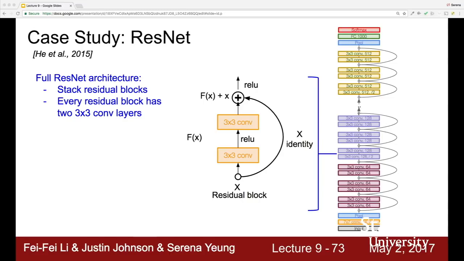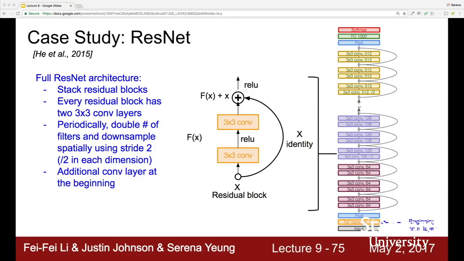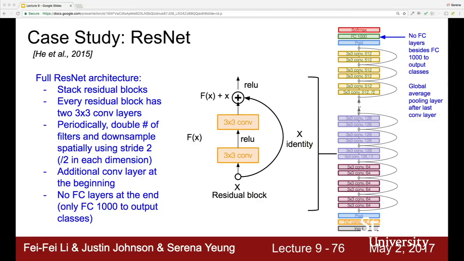And then what we do is we stack all of these, and periodically we also double the number of filters and downsample spatially using stride 2 when we do that. And then we have this additional conv layer at the very beginning of our network. And then at the end, we also here don't have any fully connected layers.